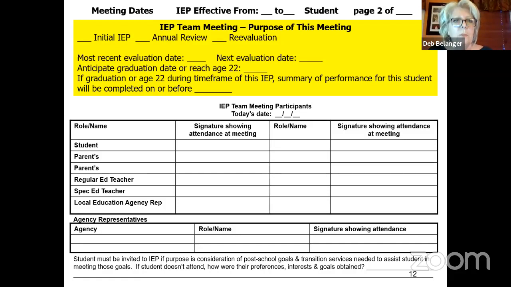So what you might see here is, let's say the student had a speech and language evaluation in August of 2019. Schools are probably going 3 years from there. So 19, 20, 20. The next evaluation date may say August of 2022.